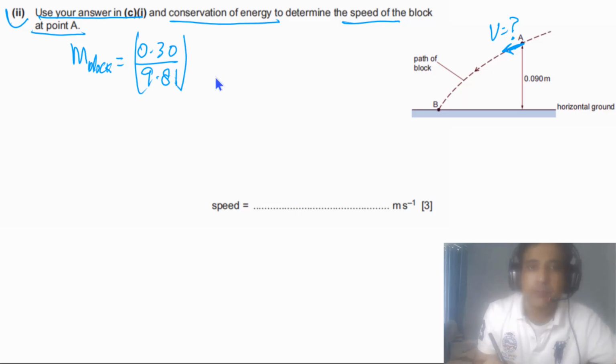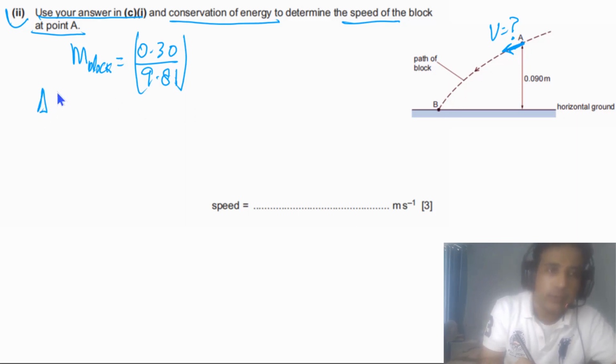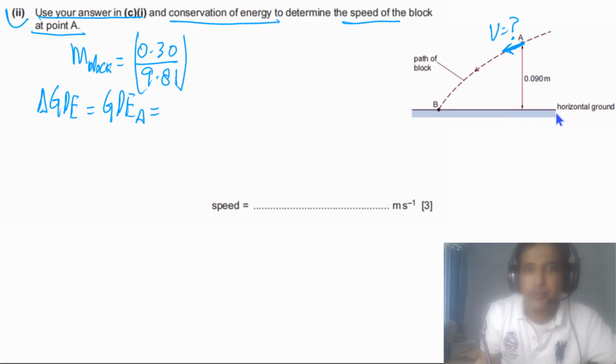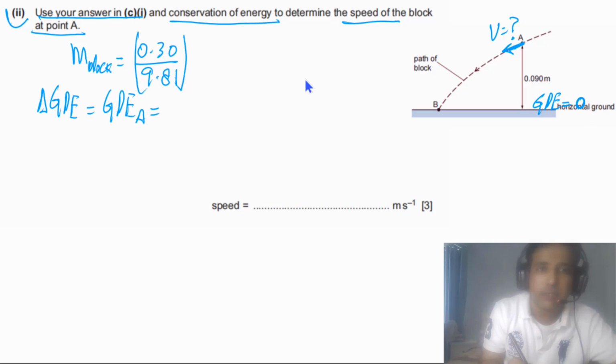Now for this question, we have already calculated the change in GPE from A to B. So we can write down here change in GPE. This one will be equal to GPE at point A. If this is our reference line, means here if we take GPE equal to 0, we can say change in GPE is equal to GPE at point A, and that is equal to 0.027 joules.